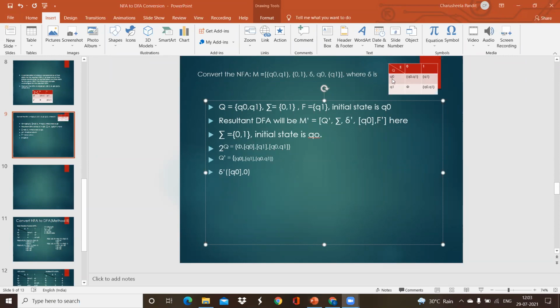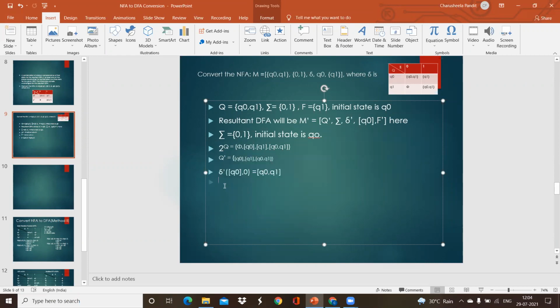From state Q0 on input 0, the transition is Q0, Q1. So here we have to write the same, Q0, Q1. Now delta dash on Q0 again, but with input symbol 1.